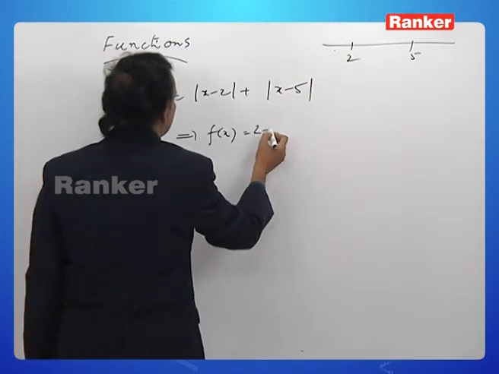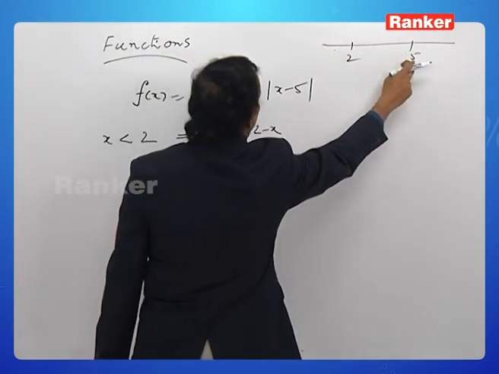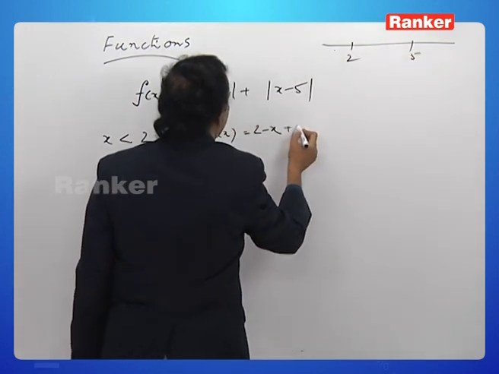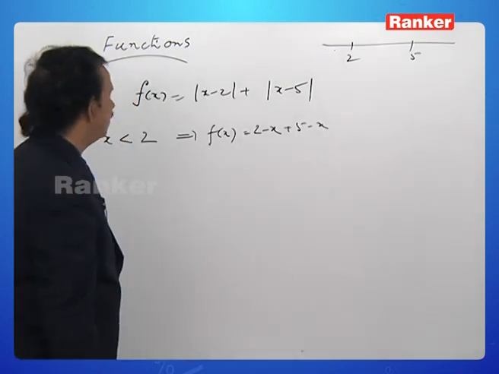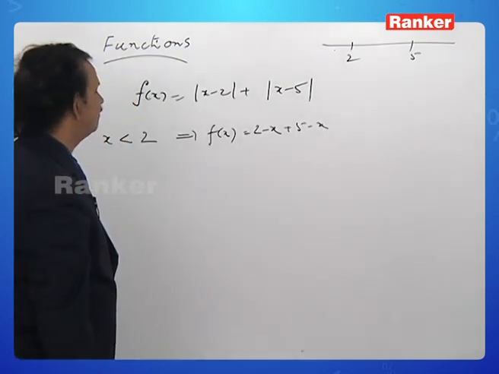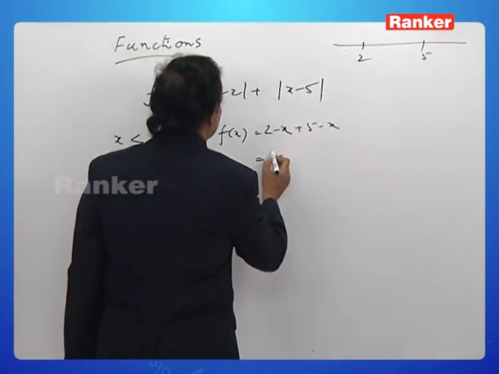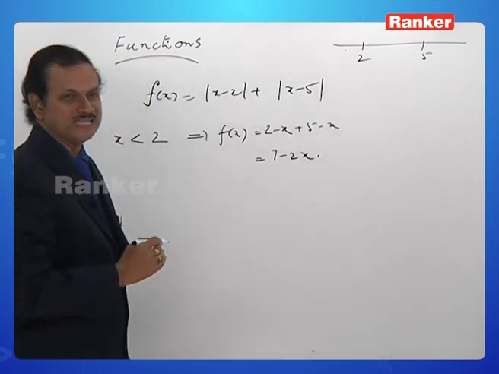This is equal to 2 minus x. Again, mod x minus 5. This is x, this is 5. x is less than 5. Distance between x and 5 is 5 minus x. So, 2 minus x plus 5 minus x. Isn't it? This is equal to 5 plus 2, 7 minus 2x.